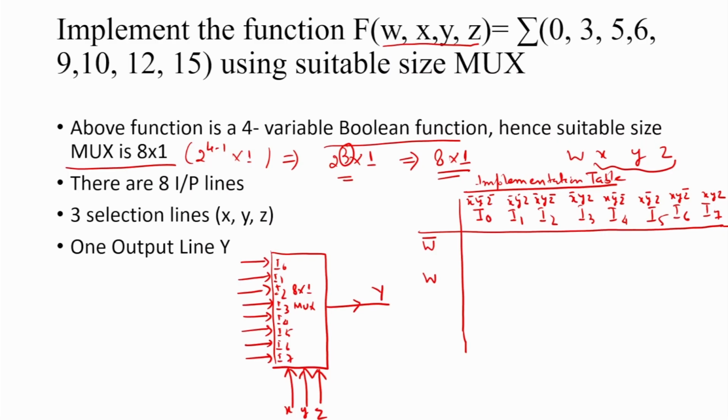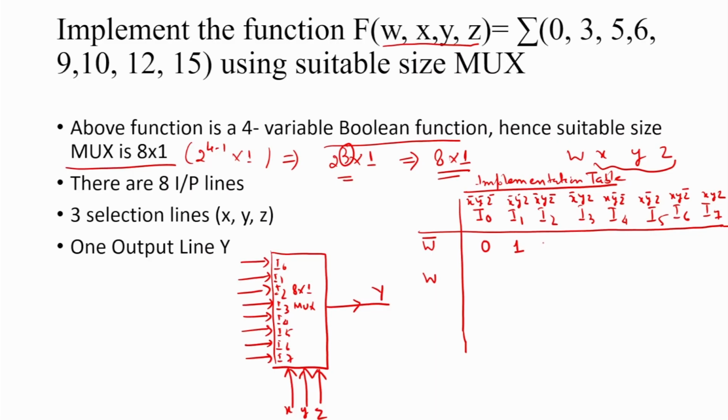Now the question is what happens when w is 0. When all 4 bits are 0 0 0 0, that is w complement, x complement, y complement, z complement, which represents a minterm, m0. Similarly the next is 1, because w complement x complement y complement z is 0 0 0 1, that is 1.